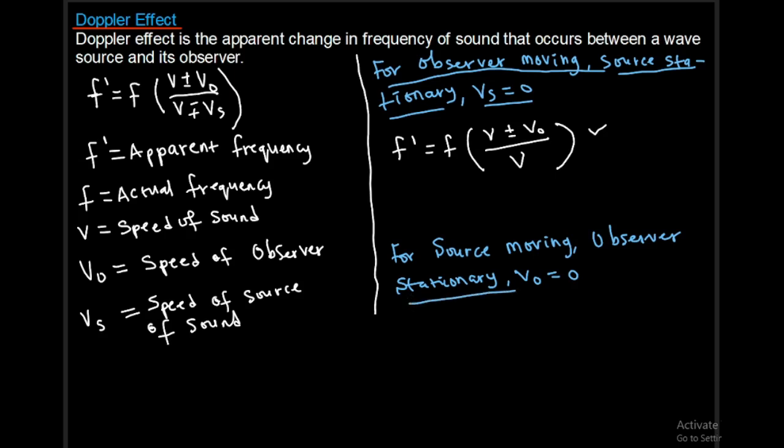So our equation for the apparent frequency, making reference to our original equation, is going to be the apparent frequency equals the actual frequency, in brackets, the velocity of sound all over. There's no point writing the velocity of the observer again because it is 0, so we ignore it. Then we have the velocity of sound all over the velocity of sound minus plus the velocity of the source.